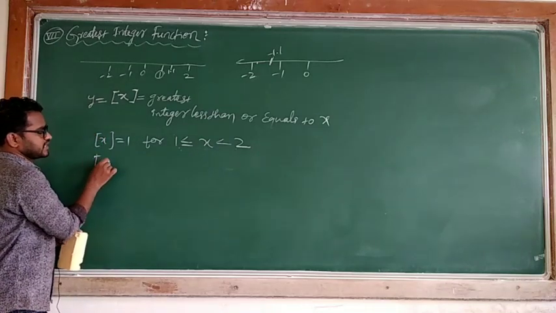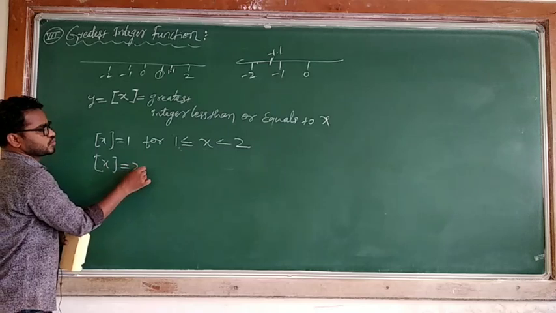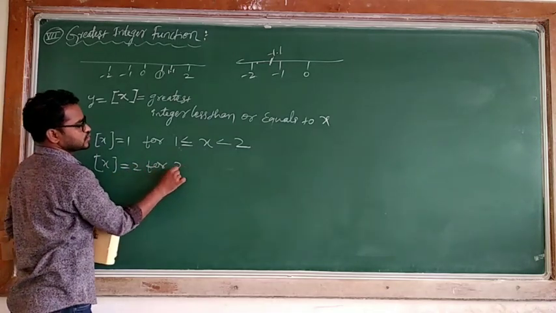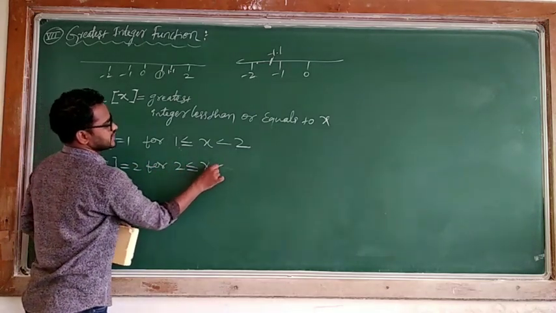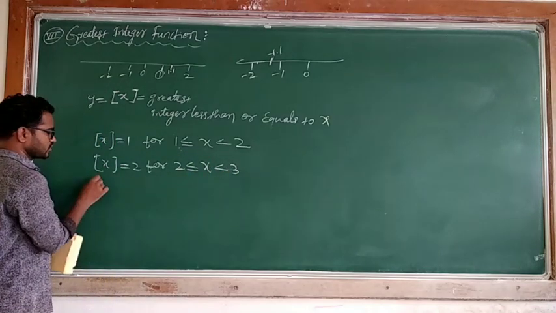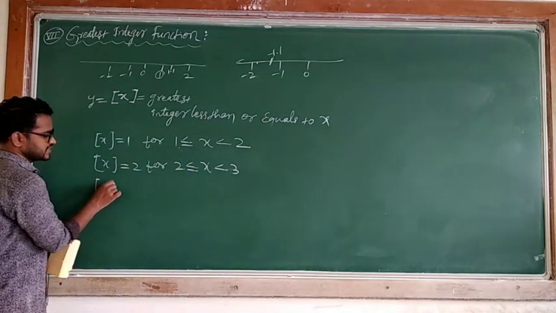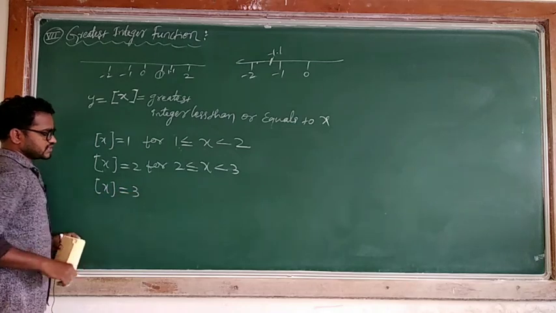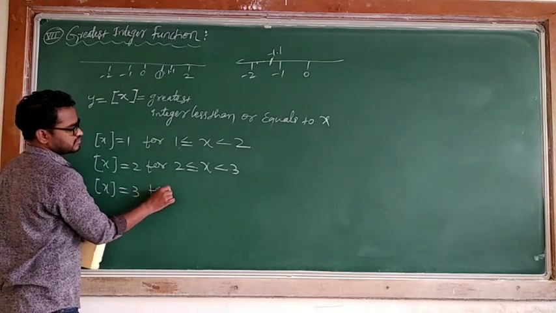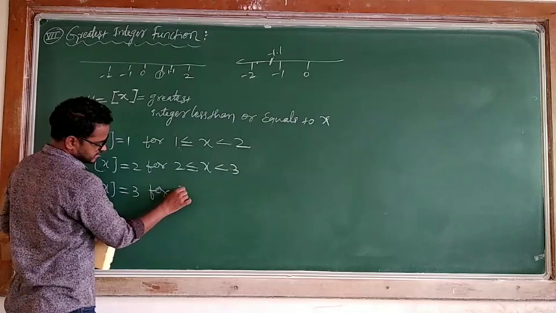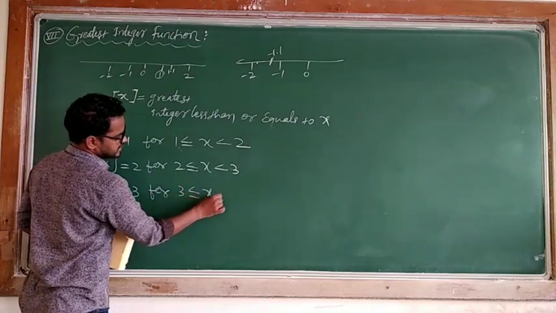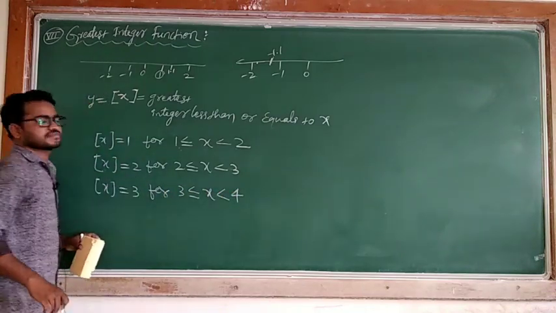For 2 less than or equal to x less than 3, the value is 2. And if the value is 3, then 3 is less than or equal to x, x is less than 4.